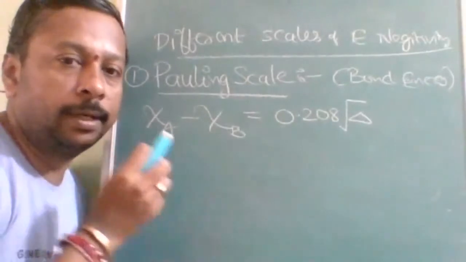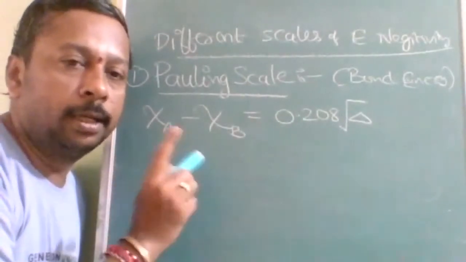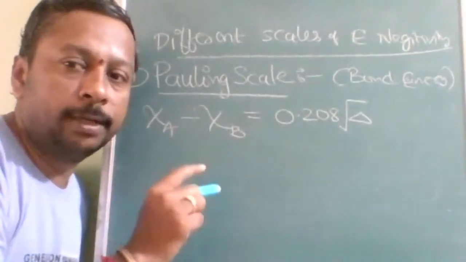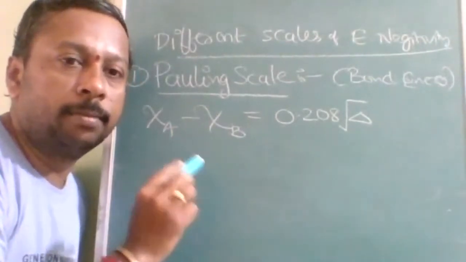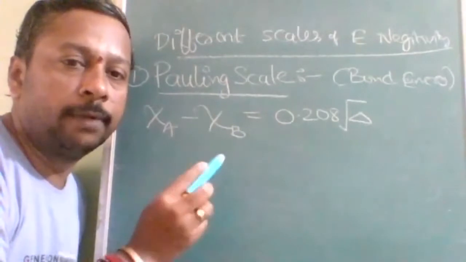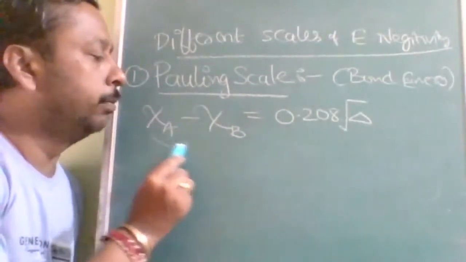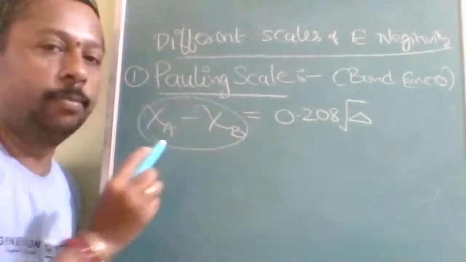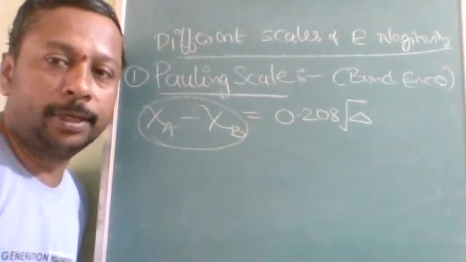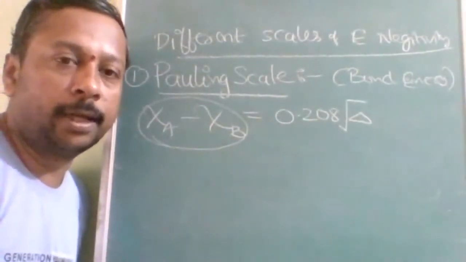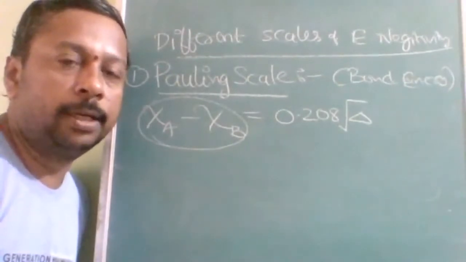One more disadvantage is that unless the electronegativity of one of the bonded atoms is known, you cannot find out the electronegativity of the other element. Here it will give you only the difference in electronegativity. It won't give you the exact value. It will give you only the difference.